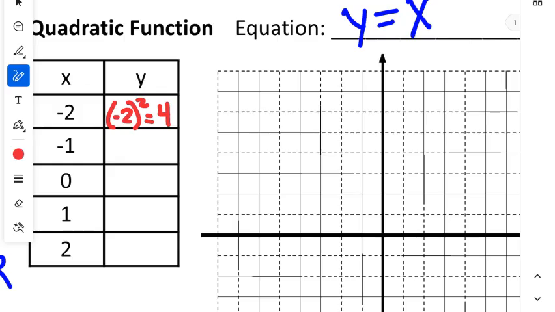Yeah. Negative 1 squared. Negative 1 times negative 1. It's just 1. 0 squared. One squared. And 2 squared.